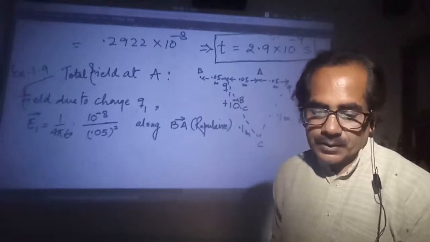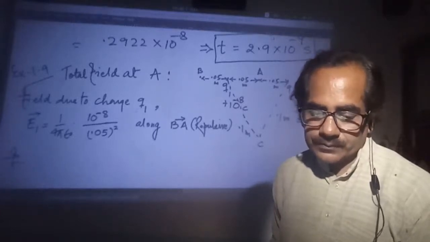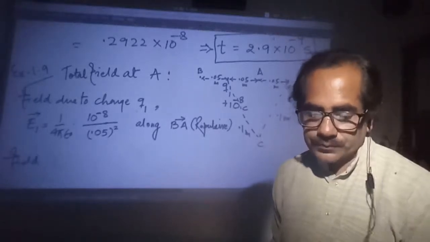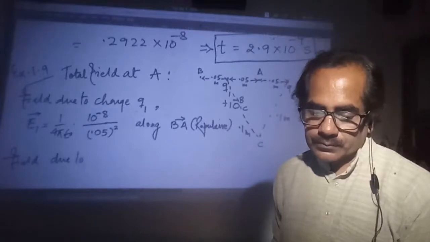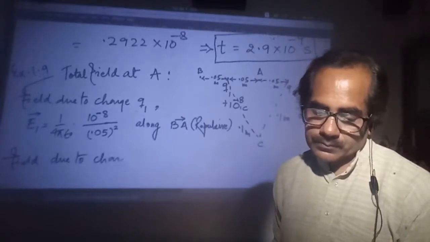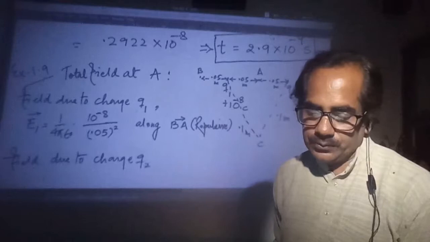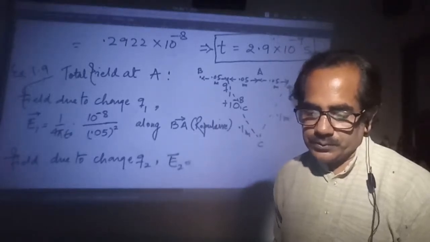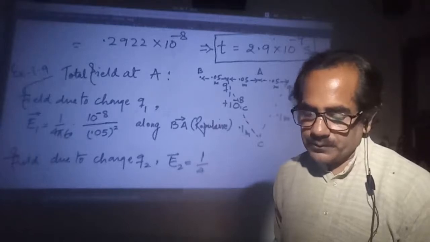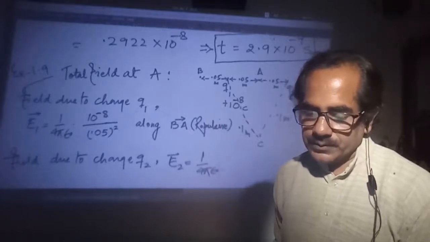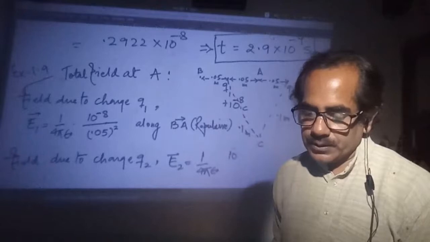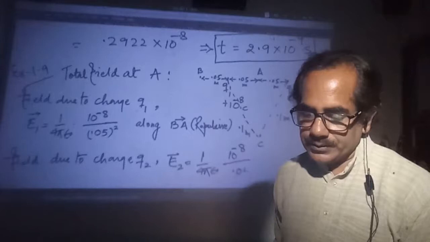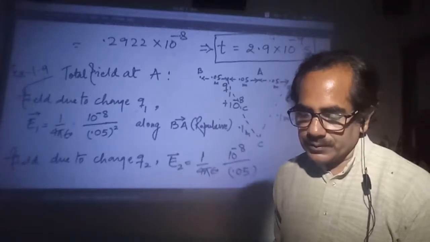And the field due to charge Q2: E2 equal to 1 upon 4 pi epsilon 0 into 10 to the power minus 8 upon 0.05 whole square.